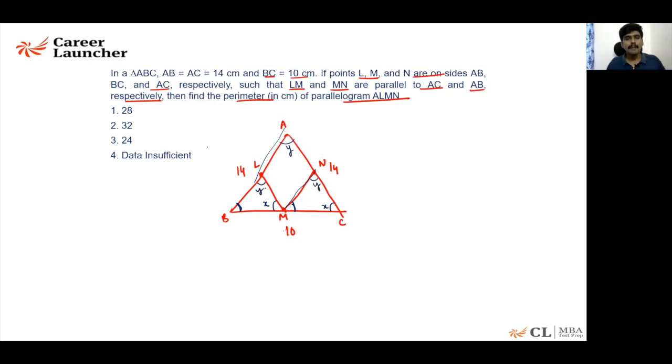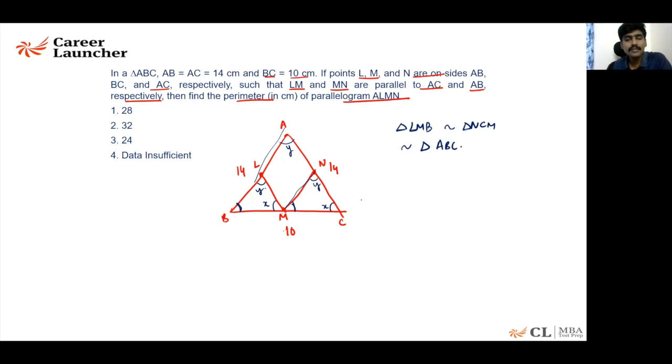So this is a question of parallel lines, alternate angles and corresponding angles. So the larger triangle and the two smaller triangles that are formed will end up being similar. So you will find that triangle LMB is similar to triangle NCM, which is similar to the larger triangle ABC.